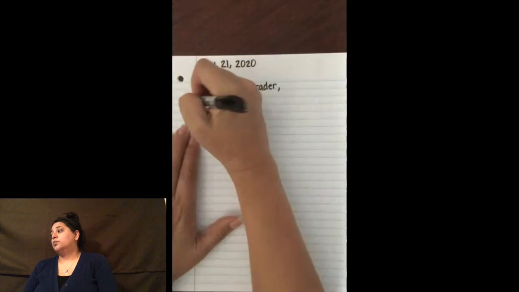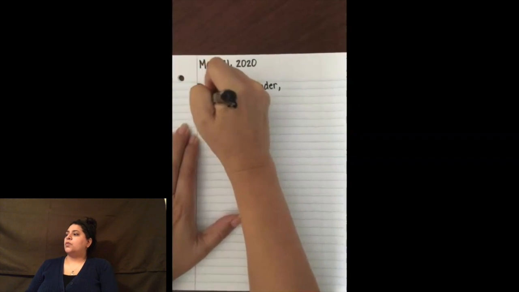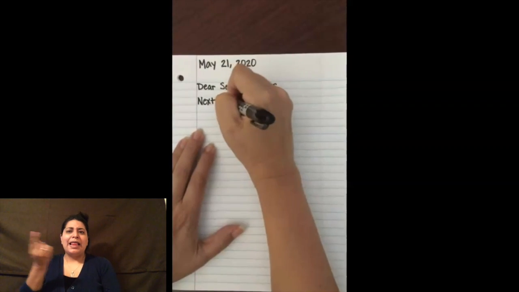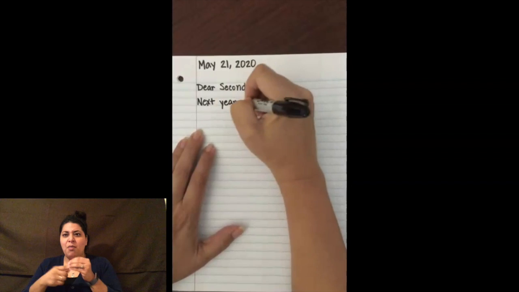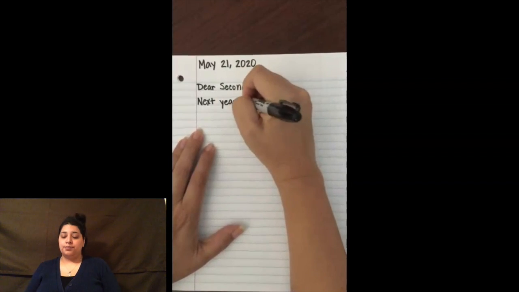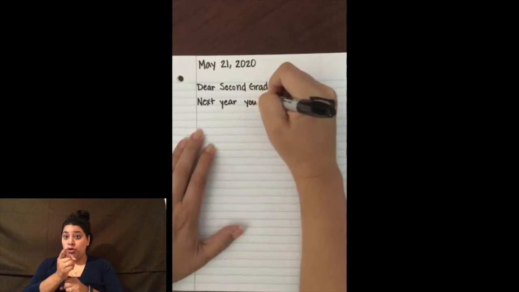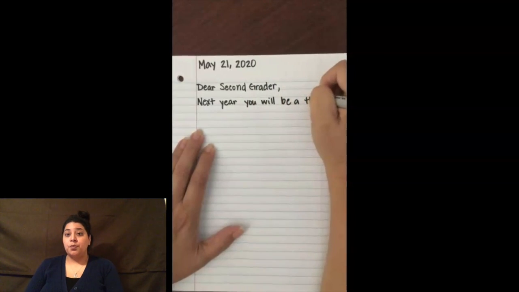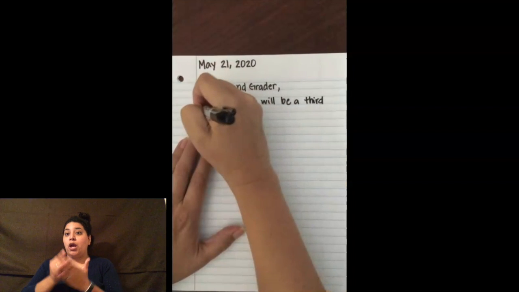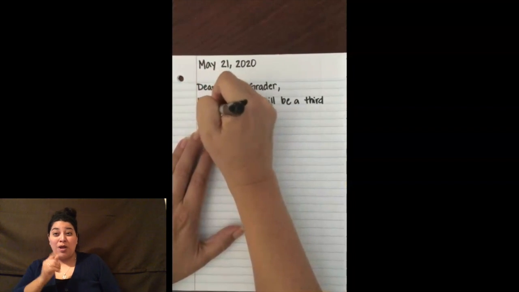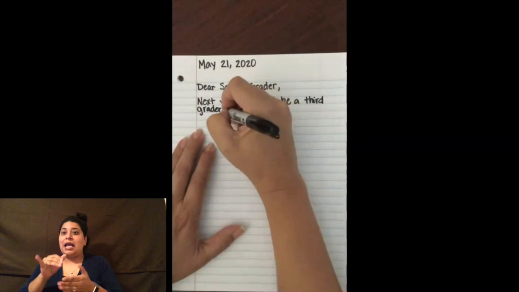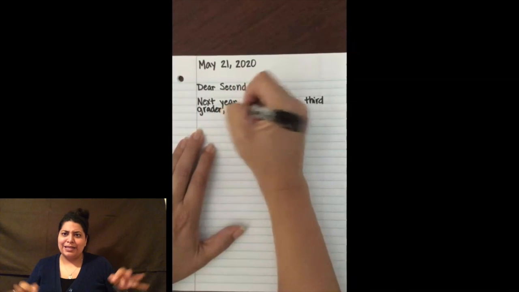All right? So I'm going to tell them things that they need to know about third grade. Next year, you will be a third grader. And I'm not going to skip a line there because this is part of the same thing, the same paragraph, same sentence.